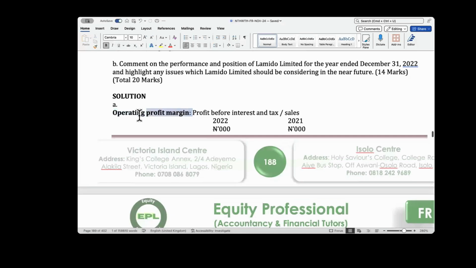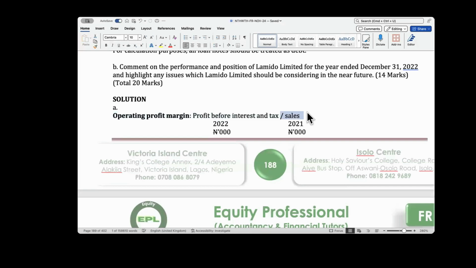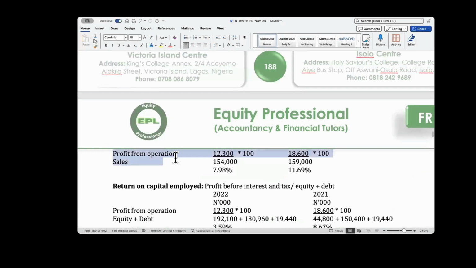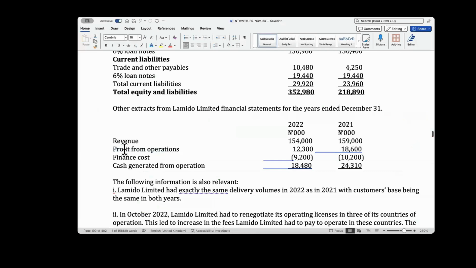When you see operating profit margin, that is your PBIT over sales. It's just like gross profit margin, which is your gross profit over sales. Then I wrote the years, I wrote the level of rounding off. Now the question did not call it PBIT. They called it profit from operations. This one.